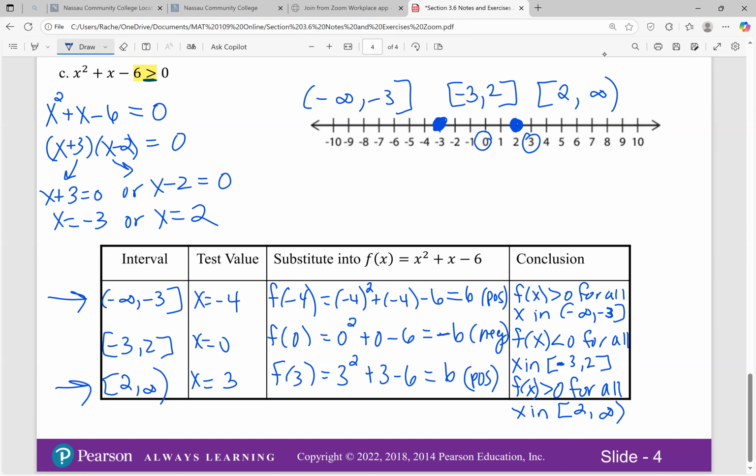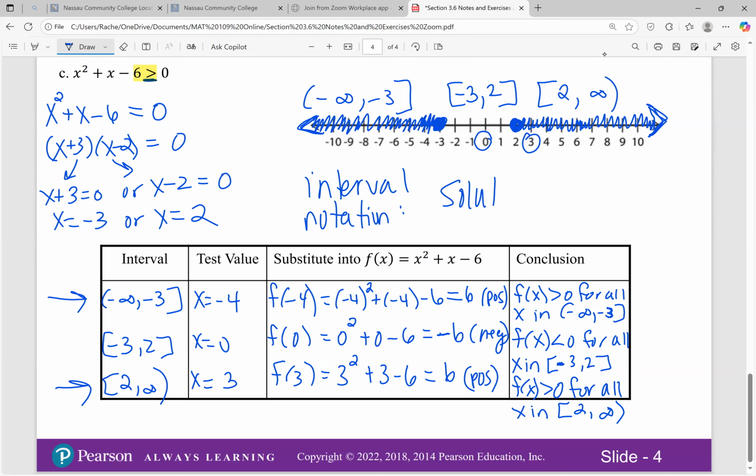So my solution set on the number line is going to be everything shaded to the left of negative 3, and then everything shaded to the right of positive 2. And in interval notation, my solution is going to be negative infinity to negative 3 union 2 to infinity.